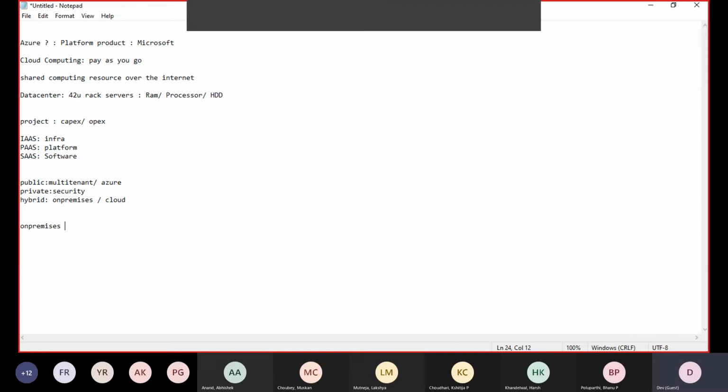Now the question is, why Azure? We know that it's pay-as-you-go and it provides you the service, but why only Azure? There are various other services like AWS and GCP.